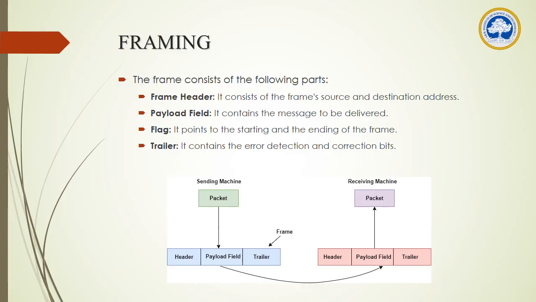For example, if the sending device sends 100 bits of data, out of which 50 bits belong to frame 1, and the receiving device receives all the bits, how will the receiver know that up to 50 bits belong to the frame?